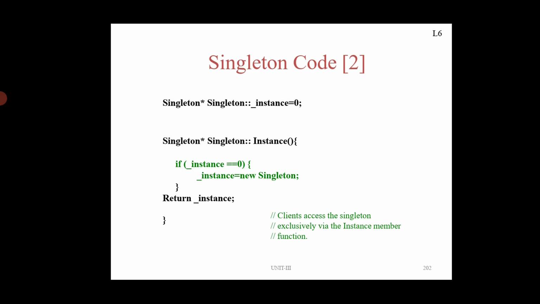In the Singleton scope resolution operator Instance function, we write some conditions: if instance is 0, underscore instance is initialized to new Singleton. Finally, we return instance. What is the meaning of this code? In the sense, clients can access the singleton exclusively via the Instance member function.